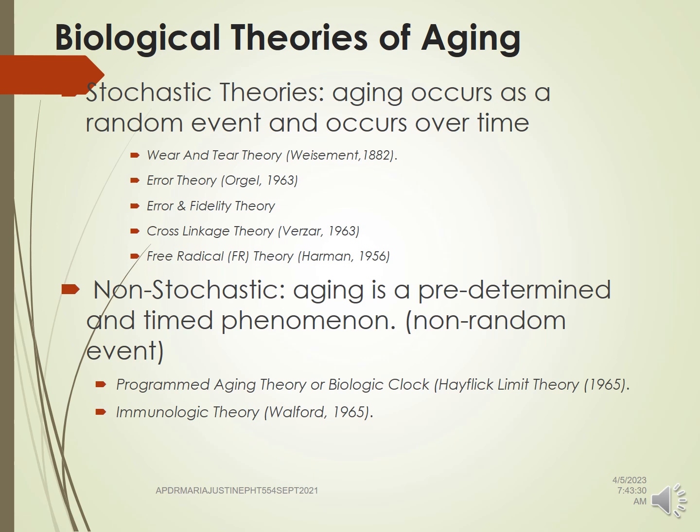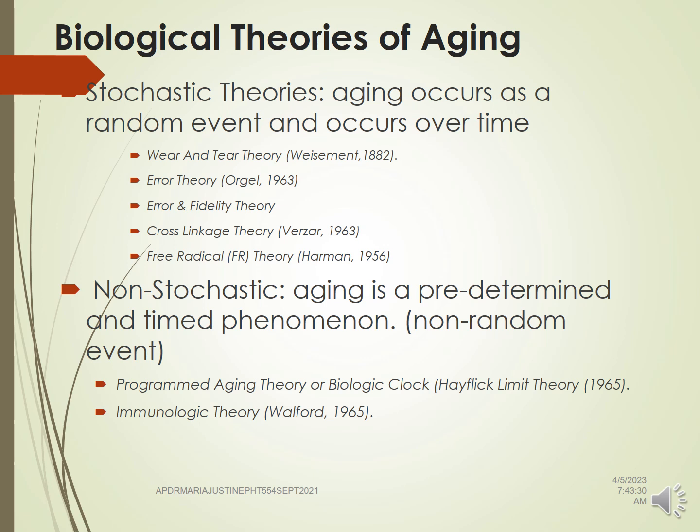So again, biological theories of aging can be further classified into two: the first one is stochastic theories, and number two is non-stochastic theories. So what are stochastic theories? The stochastic theories explain why aging occurs as a random event over time.